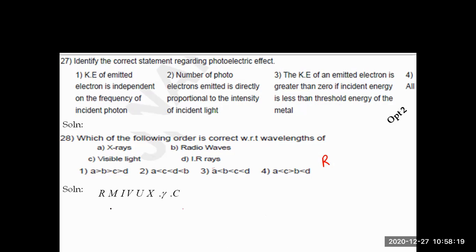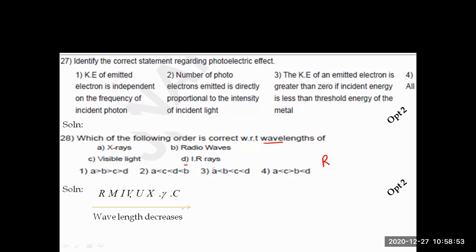So in this way, when you move from R to C, wavelength decreases and frequency increases. They are asking which of the following orders is correct with respect to wavelengths. Radio waves have the highest wavelength, and then after radio waves, as per the given option, comes IR.